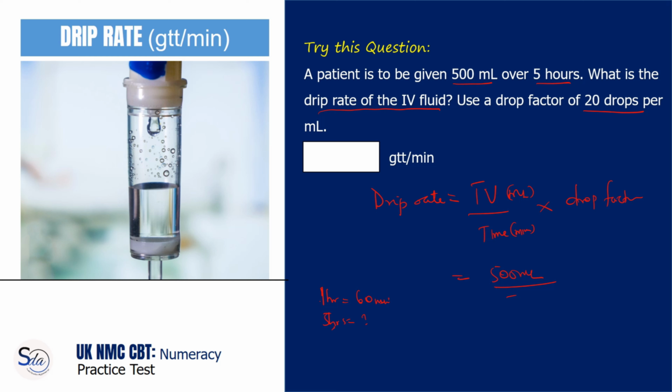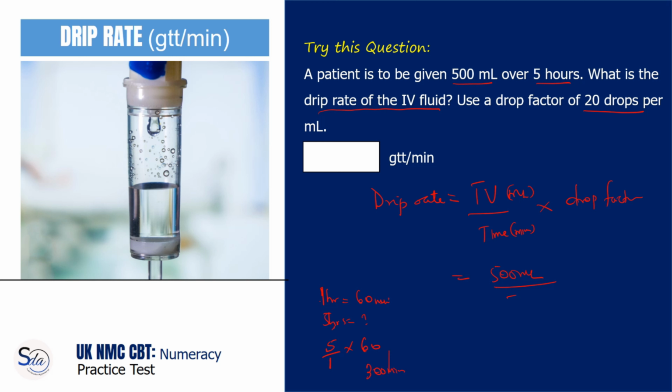So if more minutes, then let's multiply 5 by 60, and whatever we get is the actual conversion. So let's see what our calculator gives us. 5 times 60 is 300 minutes.